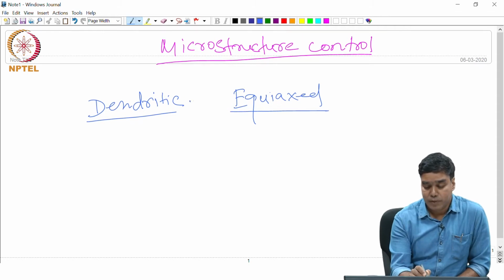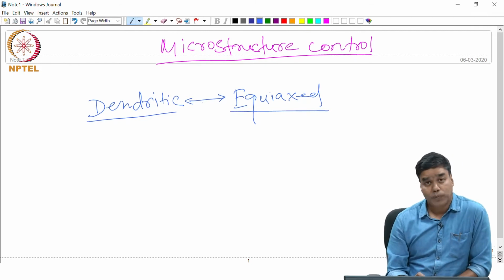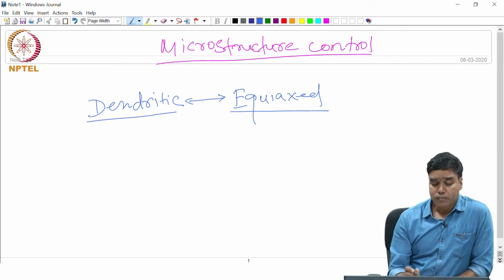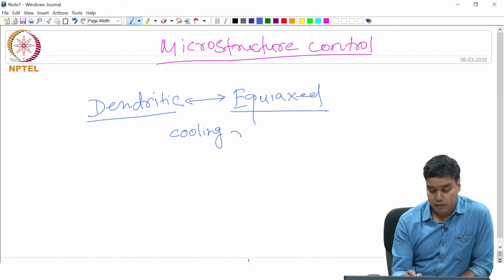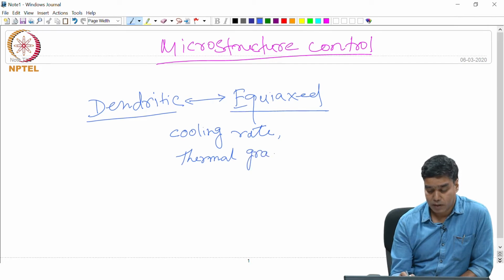And the transition between these depends on the process parameters, as I said, and these process parameters are the cooling rate, the temperature or the thermal gradient, and also the undercooling.